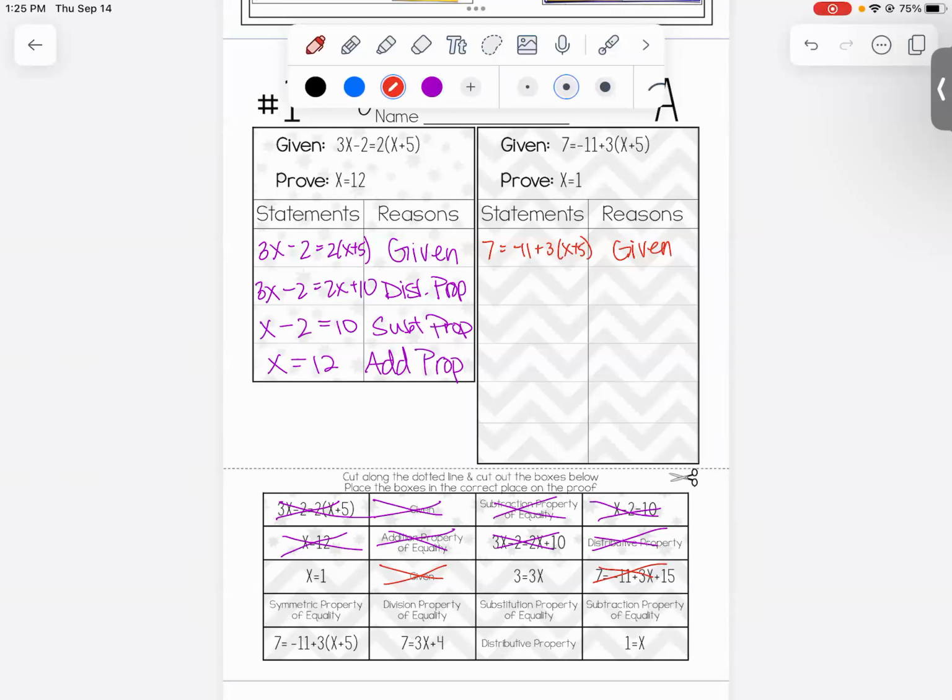All right, it seemed like we were having a little bit more trouble over on this one. What are we going to have to do first? The distributive property to get 7 equals negative 11 plus 3x plus 15, right? Okay, then what? Substitution.